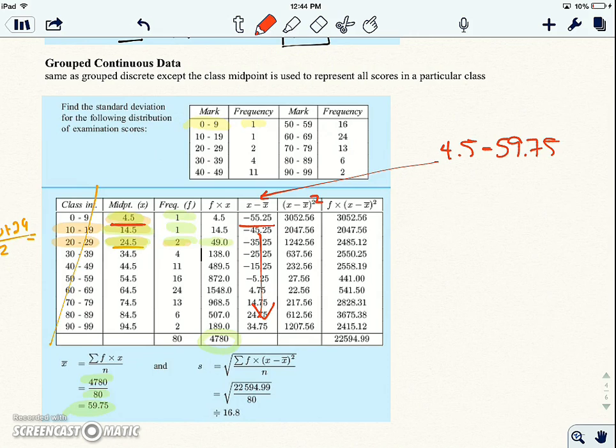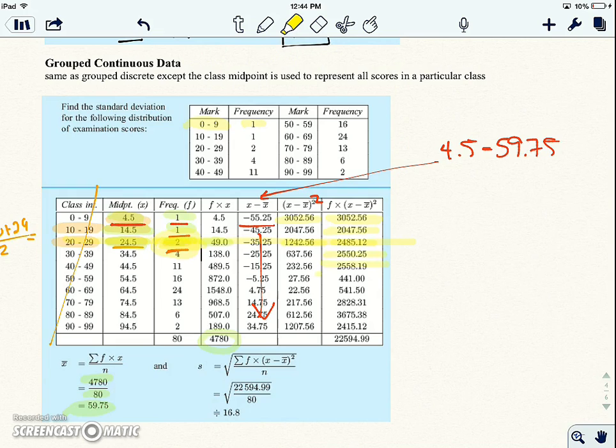And we can't just add them up yet because this one only happened once, this one only happened once, but this one happened twice. So notice there was 1 times this, so it stayed the same. This showed up once, but this one right here happened twice, and so we did this times 2.